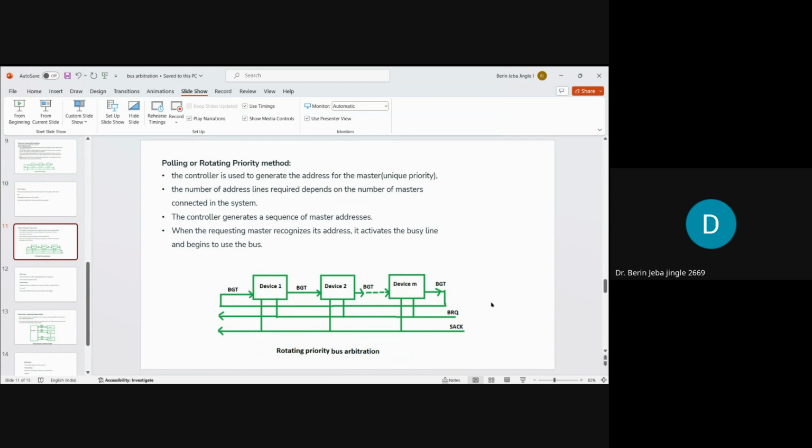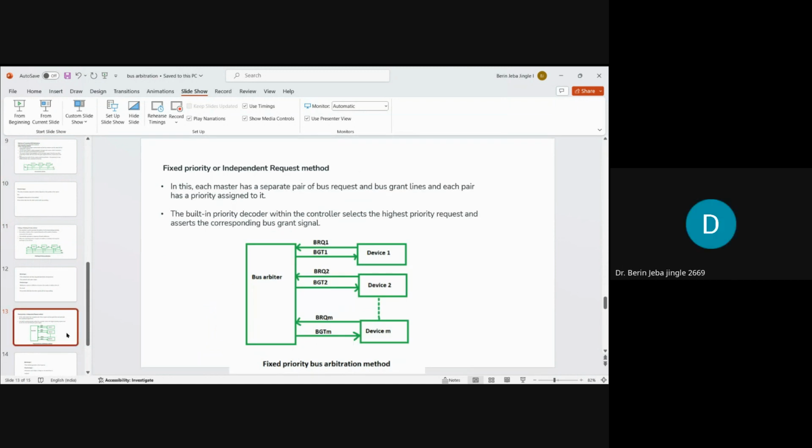The grant signal is given to the higher priority device. That is the rotating priority method. Based on the priority, it gives the grant. Did you understand? Yes, ma'am.